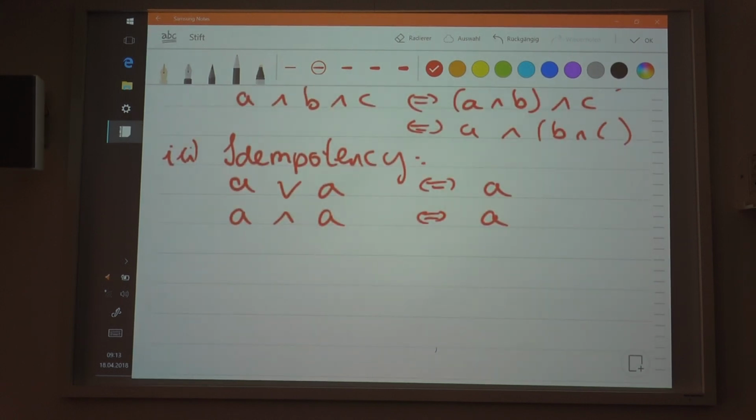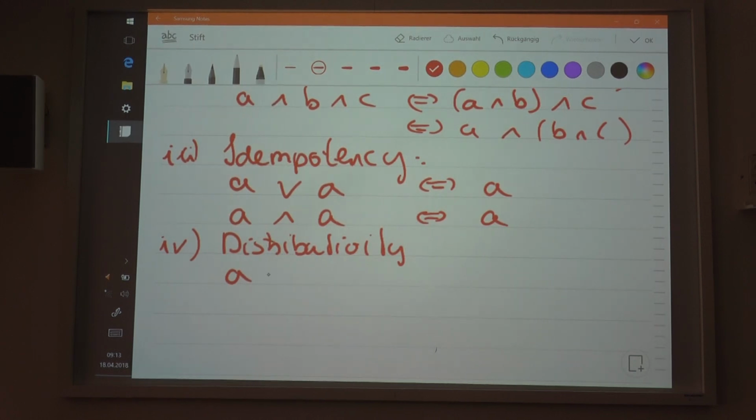So this is the third property, and I have enough space to denote the fourth one. You have the so-called distributivity. That property refers to something where you mix up the two operations. In terms of logic, you have two distributivity laws, namely the following.